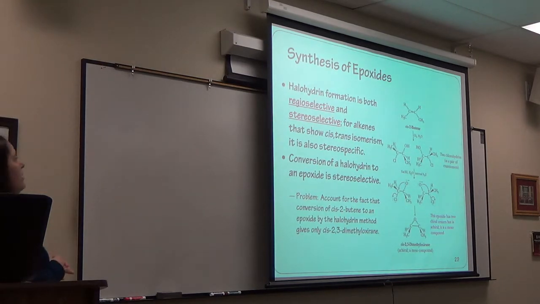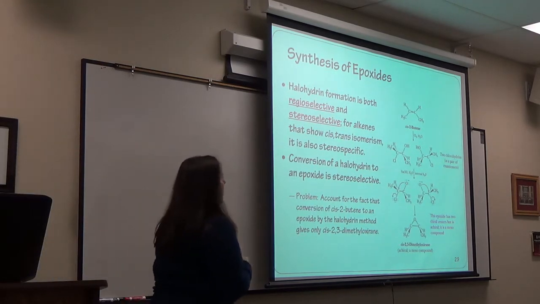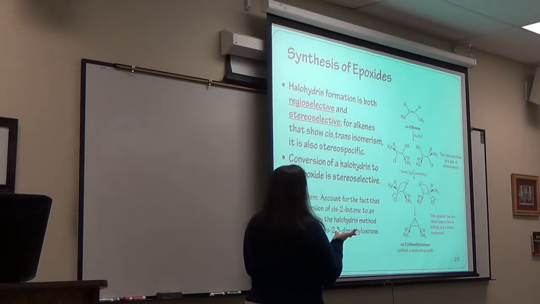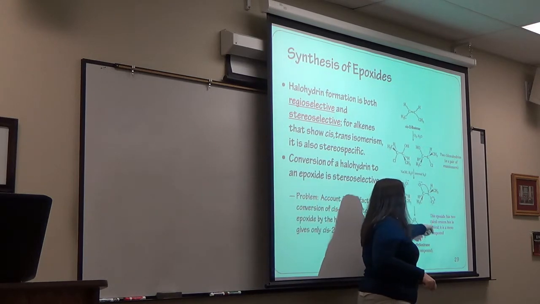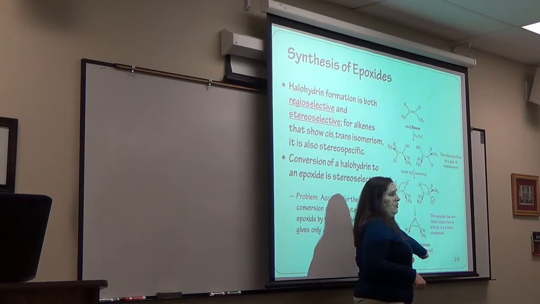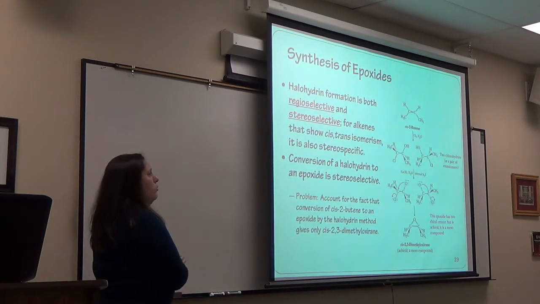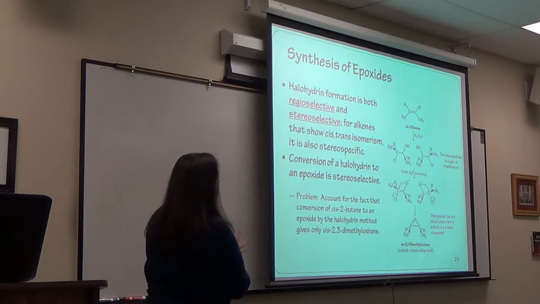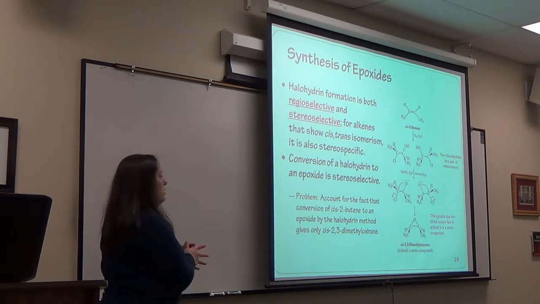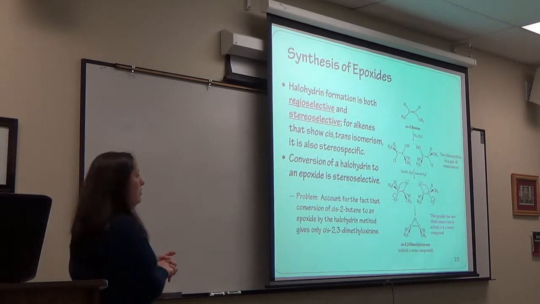Okay, this is also regioselective and stereoselective. So here, if you have a cis starting out, it shows you that you're going to get the cis as the product. So why would that be? Accounting for what you see here, why would the cis predominate?